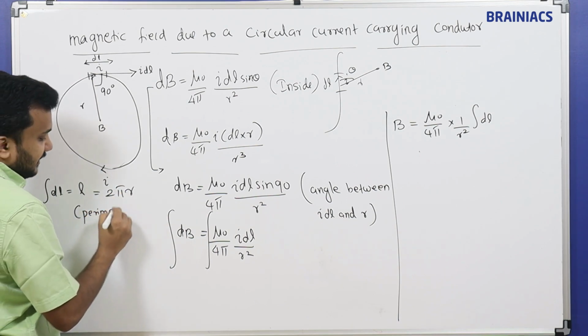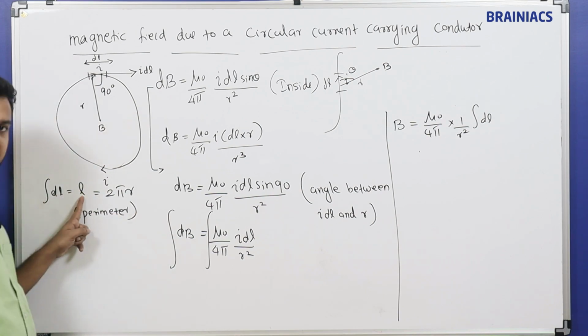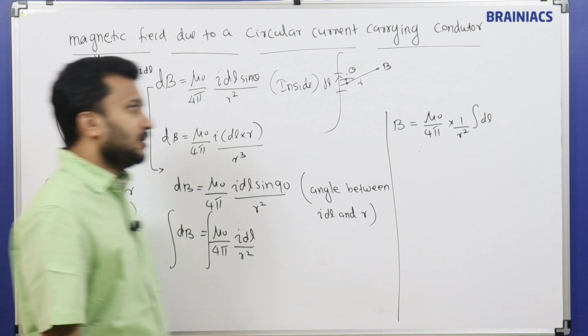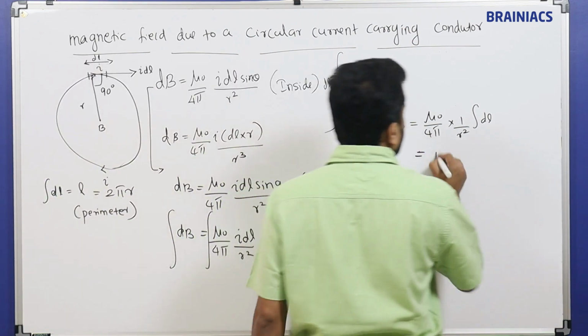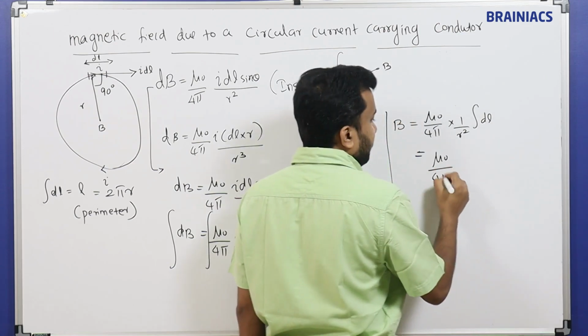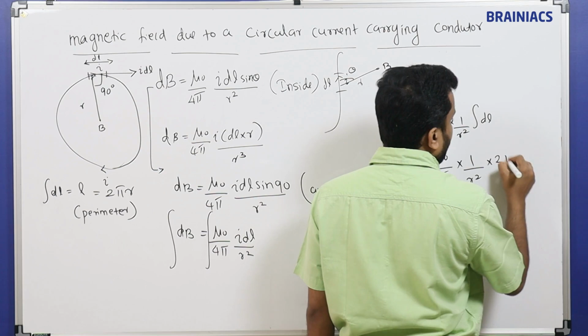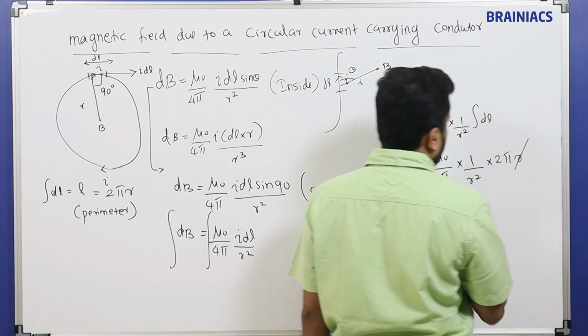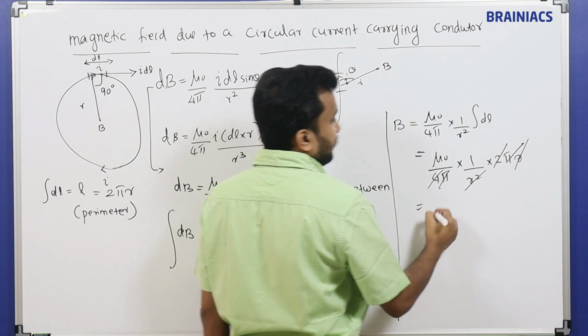This is the maths basics, nothing else. Integral dl is called L, and L is equal to 2 pi r, the perimeter of the circle. So substituting this: mu 0 by 4 pi into 1 by r square into 2 pi r. R cancels, pi cancels, 2 cancels, 4 cancels. So what will come?